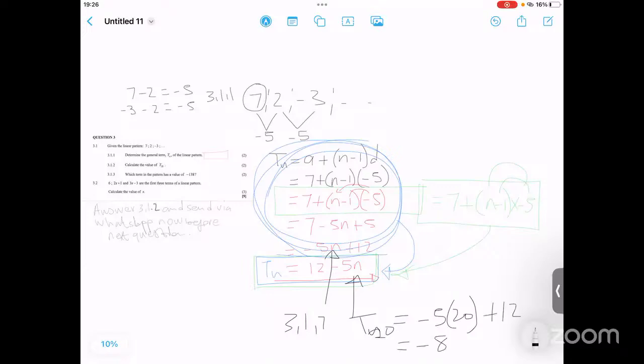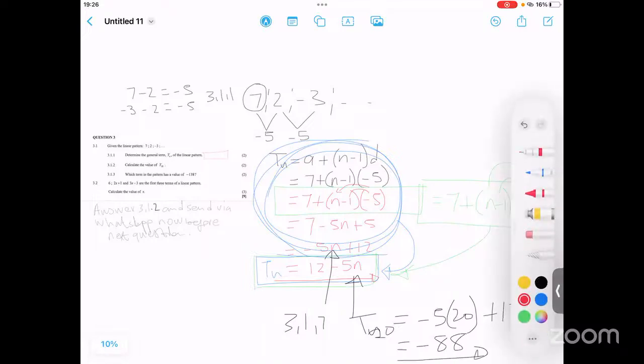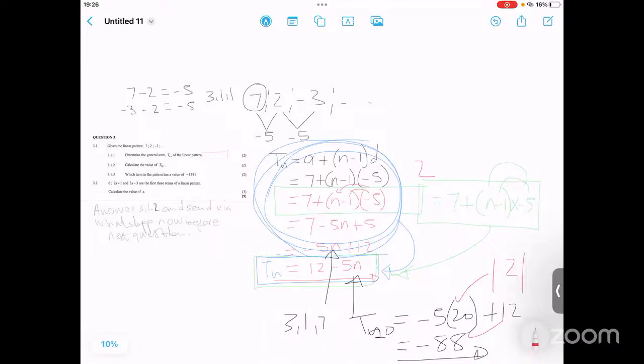All of you guys did get negative that, which is how you get 2 marks. Your marks come from the correct substitution and the correct final answer. That's how you score yourself 2 marks for those questions.